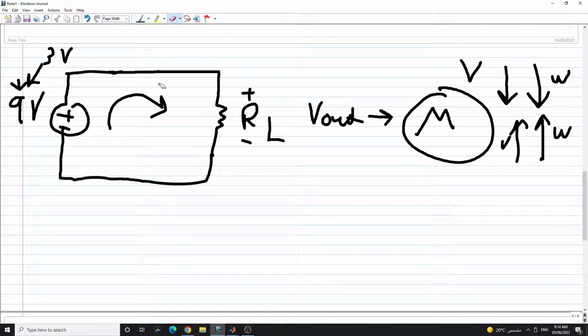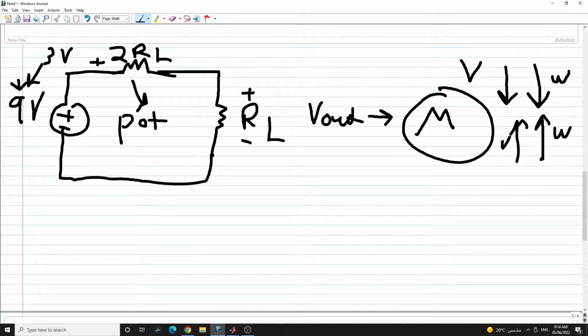Now, one method of doing so can be by adding some sort of resistance in series. For example, this can be a potentiometer, a variable resistance basically. If we set this resistance to 2RL, which is basically twice the load resistance, there's going to be some sort of voltage drop on this resistance, because when we add this resistance, we're going to have some current flowing in, and this current is going to cause a voltage drop over the resistance, meaning that our output voltage is also going to decrease.